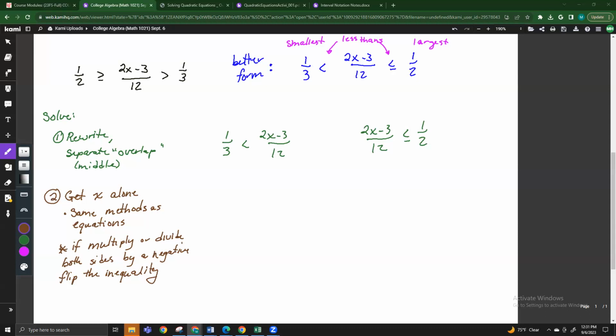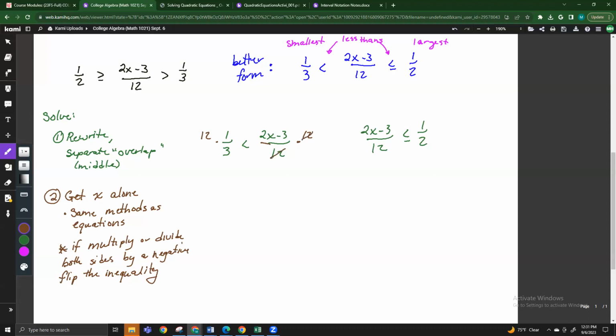I could get a common denominator, or I can just think, how would I get rid of all of the different pieces with this? Because this is just one whole fraction. So I am thinking that this is 2x minus 3 divided by, because that's what a fraction means, 12. So if I want to get rid of the divided by 12, I'm going to multiply by 12 on this side and multiply by 12 on this side.